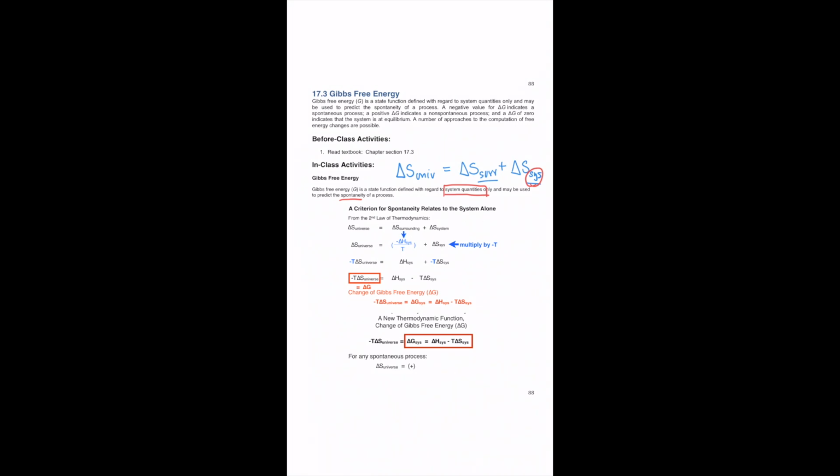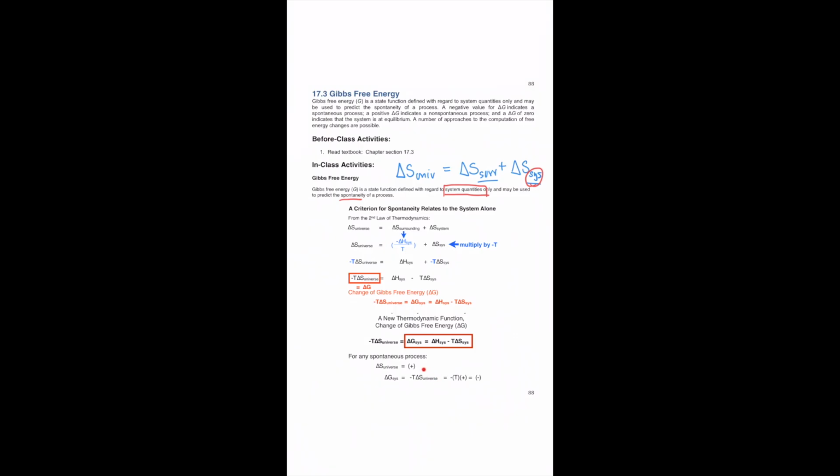We learned that from the second law of thermodynamics, the change of the entropy of the universe must be positive. And from the derived equation above, we know that the change of the Gibbs free energy of the system equals negative temperature times the entropy change of the universe.